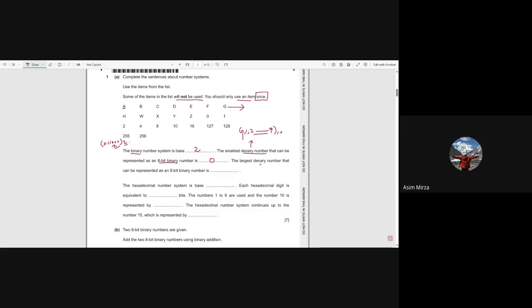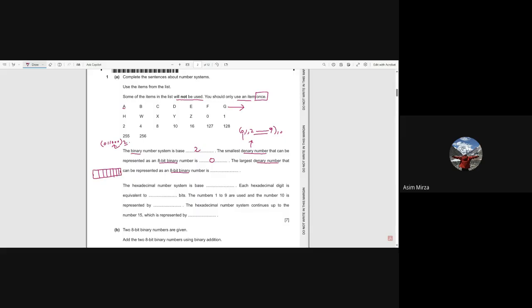The largest binary number that can be represented as an 8-bit binary number. So this is asking you about the largest binary number that can be represented in 8-bit binary number. So let me show you. Say for example, we have this 8-bit binary register 1, 2, 3, 4, 5, 6, 7, 8, right?